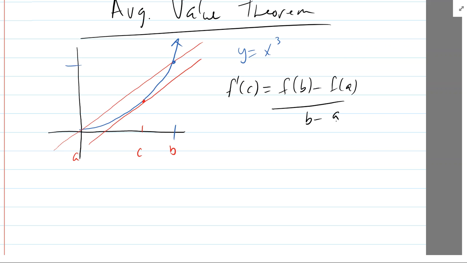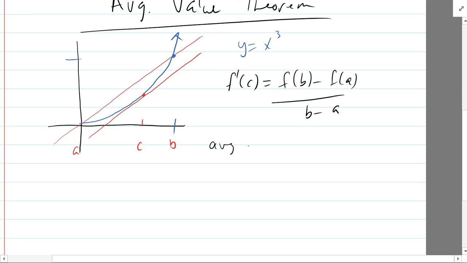And what was this looking for? We wanted the average rate of change over the interval from 0 to 1. Remember those problems? And we get the secant equal to the tangent. Did we just take its derivative? So what's the derivative of y equals x cubed?